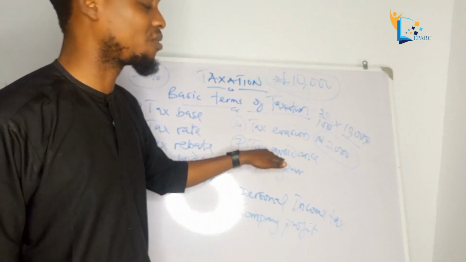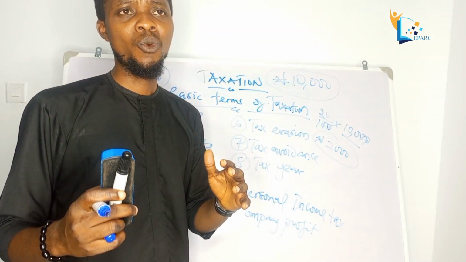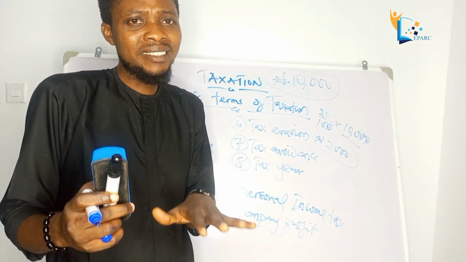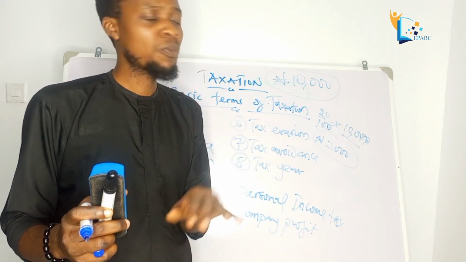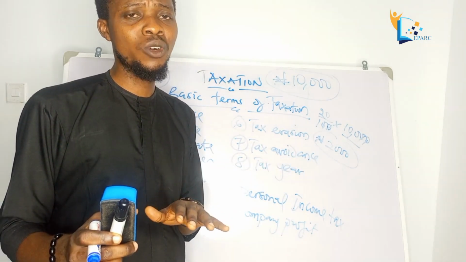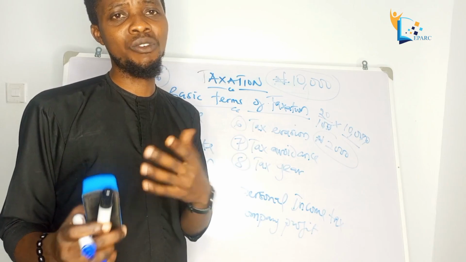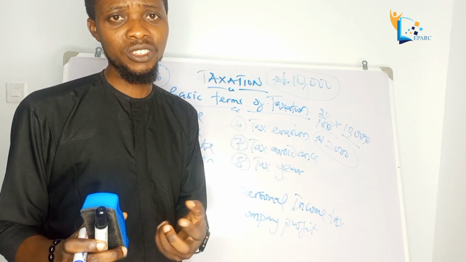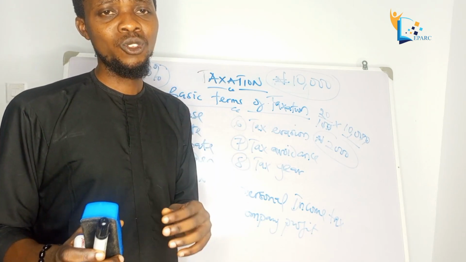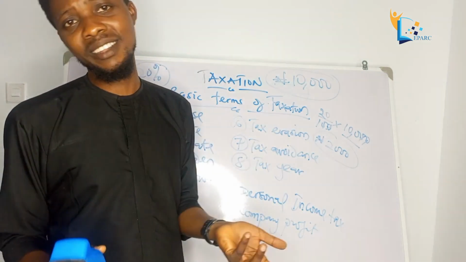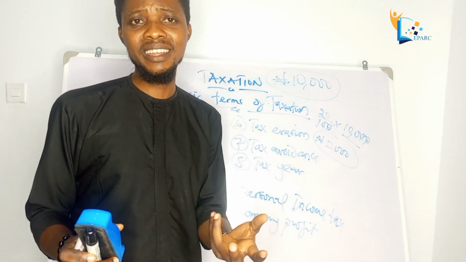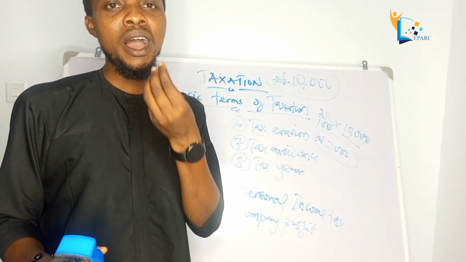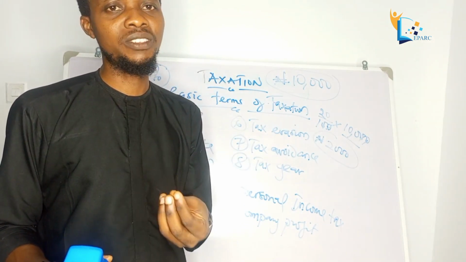Then when we talk about tax avoidance, it's when you use legal means with the sole purpose of minimizing the profits of the company. For example, when you hire the services of a known consultant, somebody who is versatile in taxation, to help you study the loopholes in the tax system, thereby using that as an avenue to reduce what is supposed to be presented as your profits.